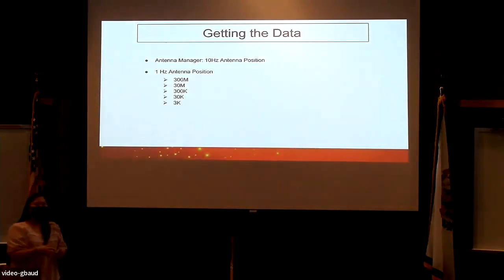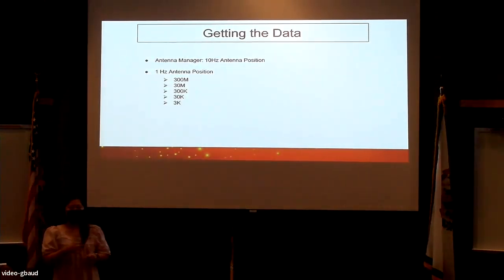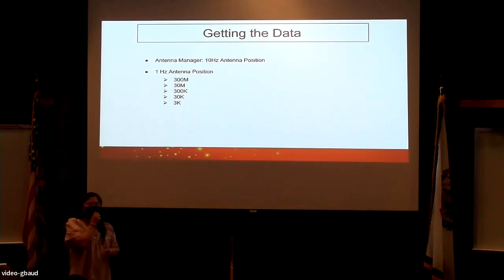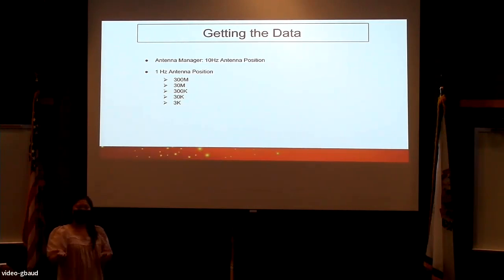So the overall goal of my project was creating an interactive dashboard of acquisition data from the GBT. This dashboard can be used as a tool for looking at path observation or observation based on certain criteria. The first step of the project was getting the data. The GBT antenna manager writes antenna position data at 10 Hertz throughout the span. It writes one file per span.